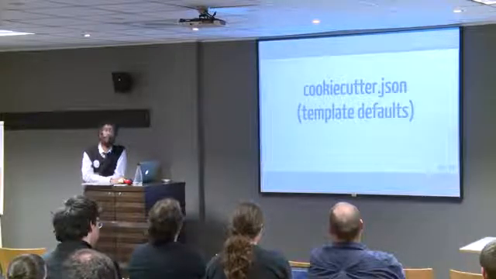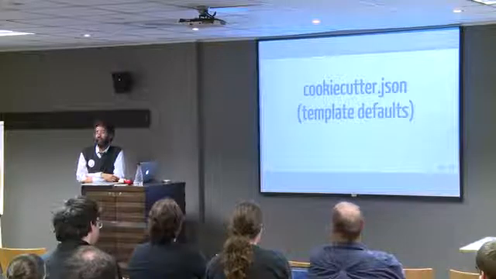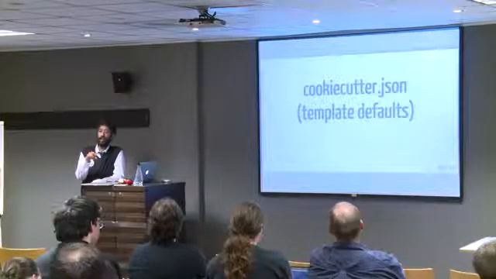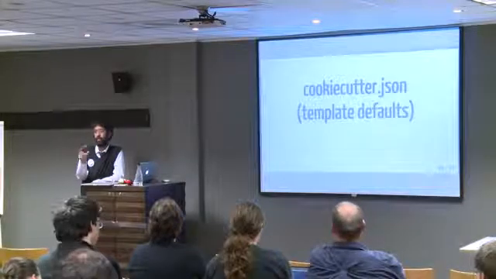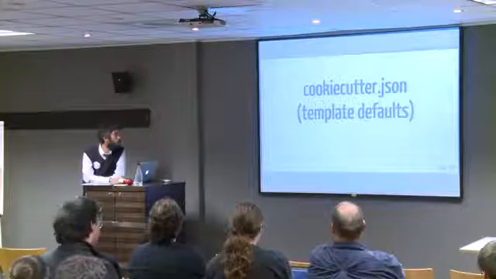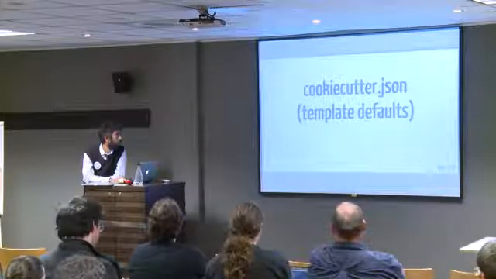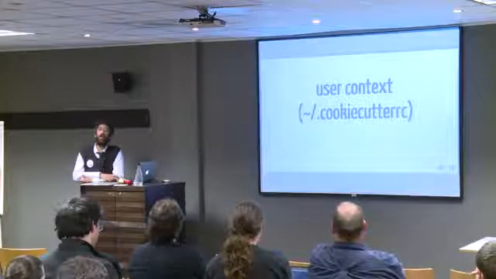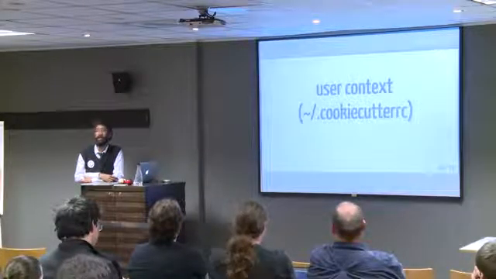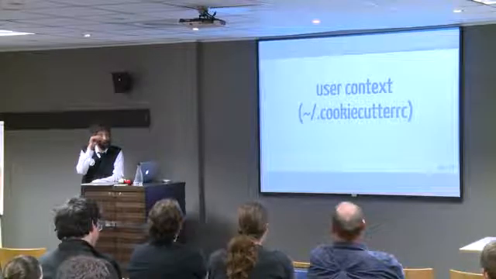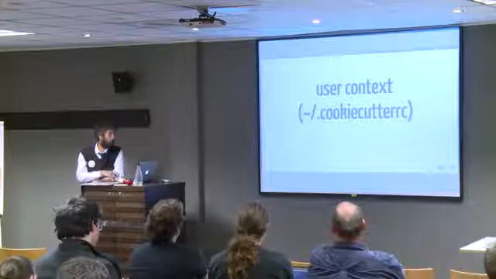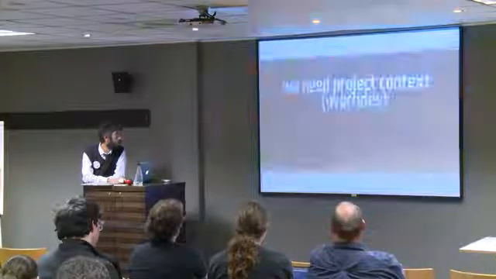In your cookie cutter template, you create a JSON file that has a list of all the variables that your template supports, as well as some default values. So that's one basis for the context dictionary. If you use it a lot, you don't want to type your name all the time, and your email address doesn't change that much, so you can have a user-specific file with stuff that doesn't change very much.